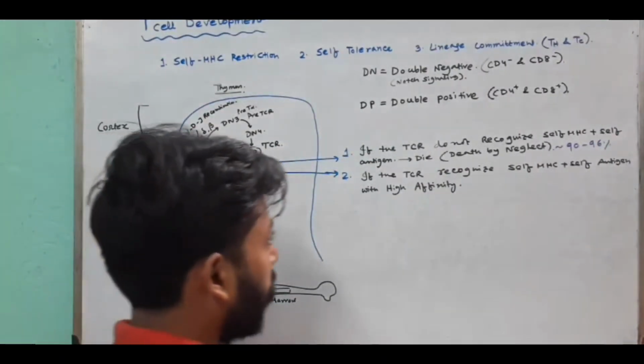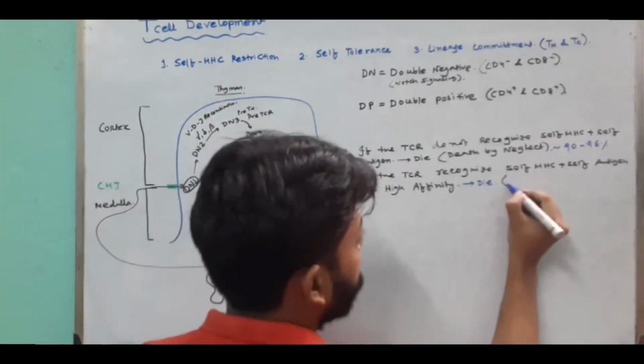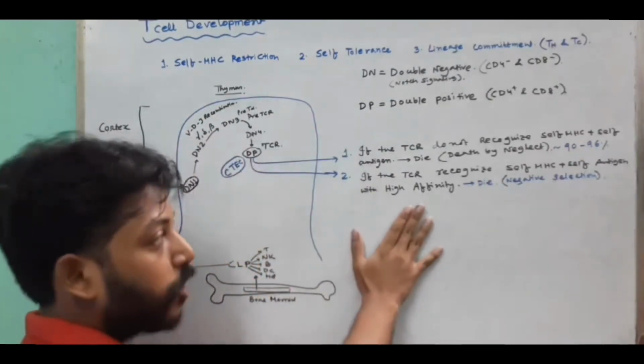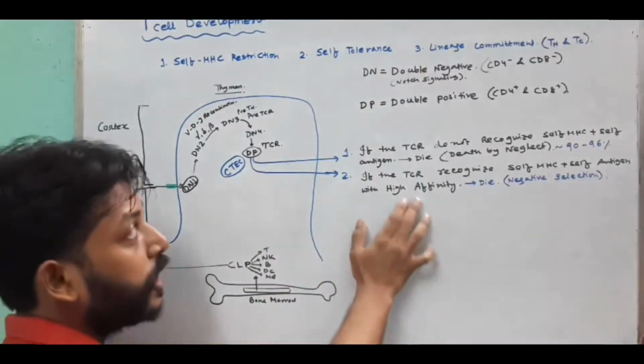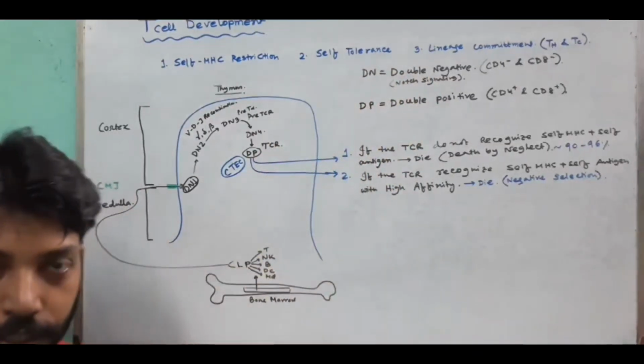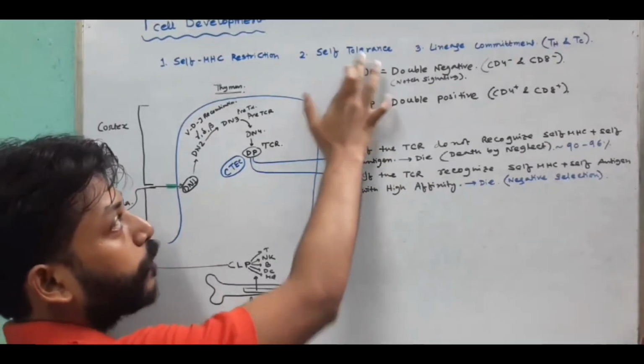They also do not survive, they also die, and this is called negative selection. These cells are not maintaining the second term and condition, they are violating it, because of self-tolerance.